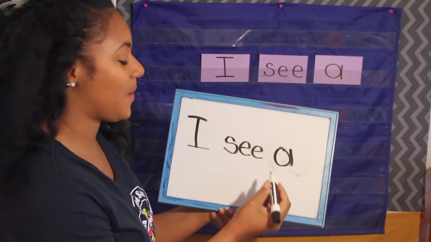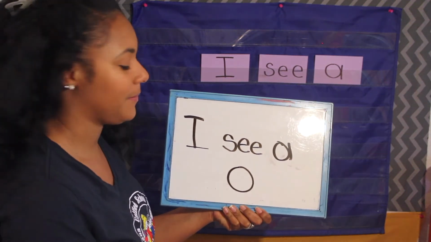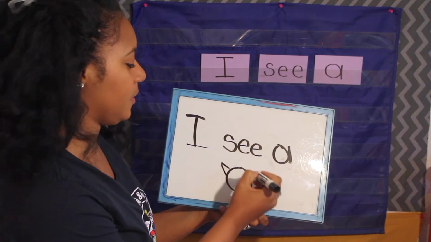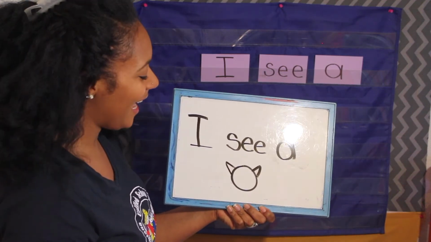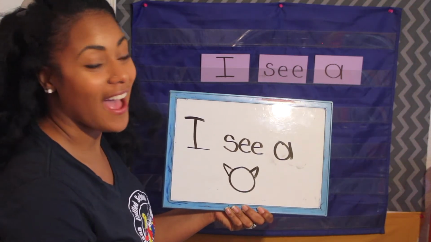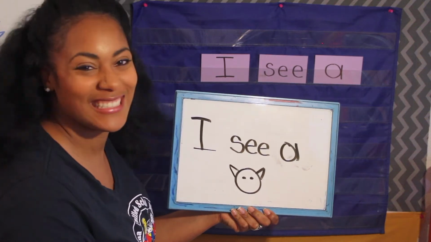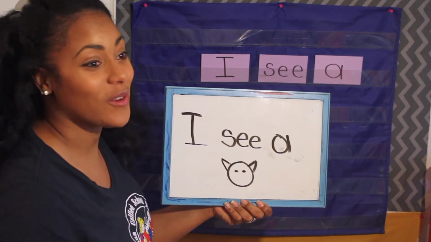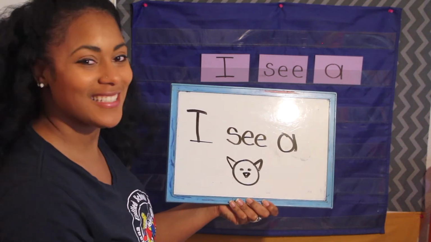So for my cat, I'm going to start with a circle. That's for the face. A couple triangles for the ears. And now I need 2 circles for the eyes. I need an upside down triangle shape. Like that.